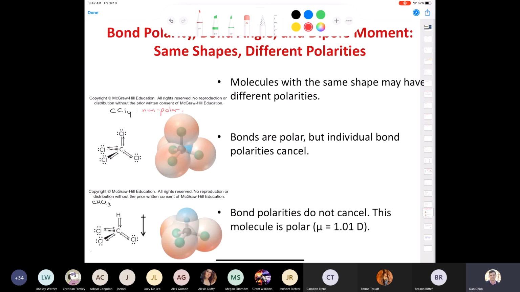Whereas when I have this molecule, CHCl3, which is chloroform, the dipole between the hydrogen and the carbon goes in this direction. So if you tally up all 4 of these dipoles, they're all pointing down. And so the net dipole is going to be in this direction. Give me a thumbs up if you can add those dipoles together in your mind to get a resultant vector.